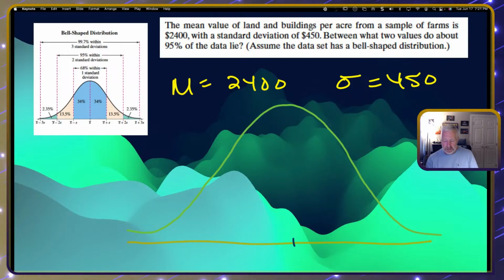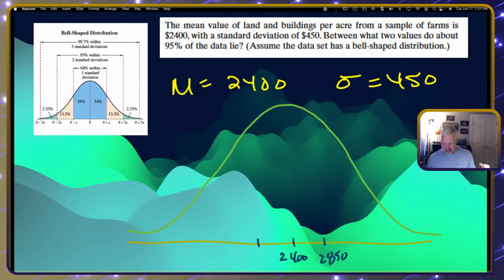In the middle is the mean. That's 2,400. If I go out one standard deviation to the right as I'm facing it, that's plus 450. So I've got 2,850. If I go back the other way and take 2,400, subtract 450, take away 400, I'm at 2,000, and take away another 50.